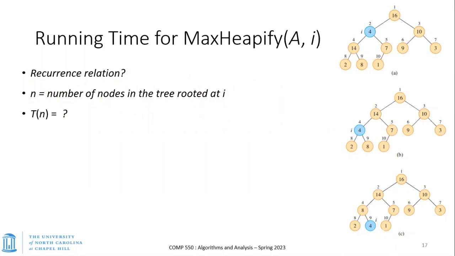Let's assume that n is the number of nodes of the tree rooted at I. So we're looking at I over here, and we're specifying n to be the number of nodes in the tree which is rooted at I. Now can we specify a recurrence relation T of n? So what would T of n be equal to?